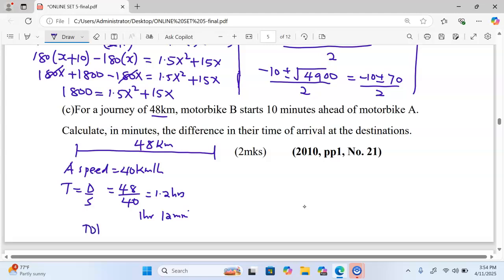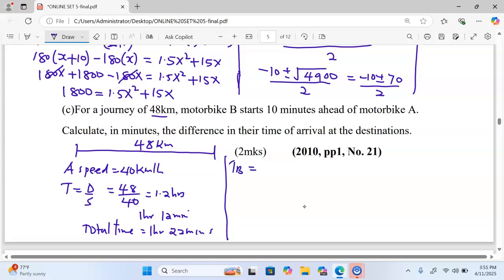So total time is going to be 1 hour 12 minutes. We add the 10 minutes that it delayed to start the journey, which is going to give us 1 hour 22 minutes.